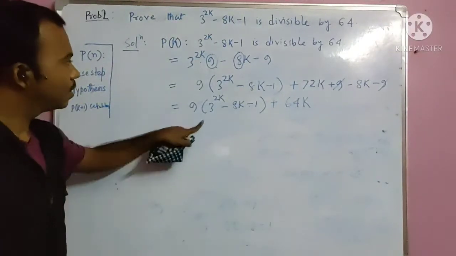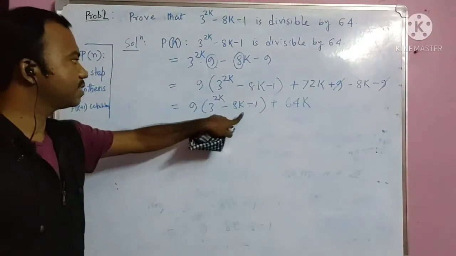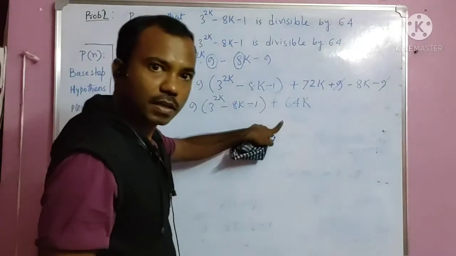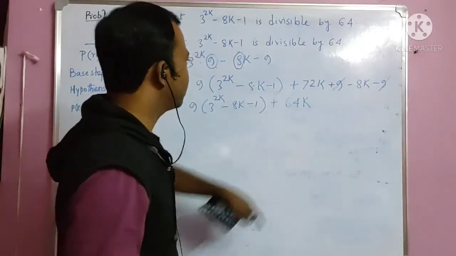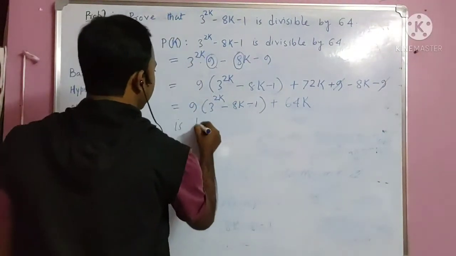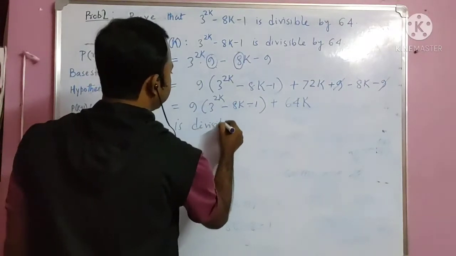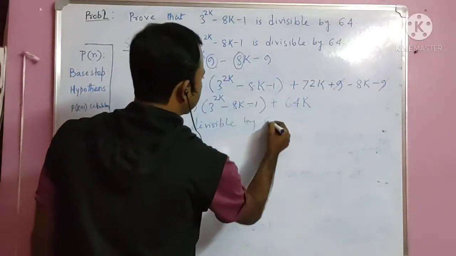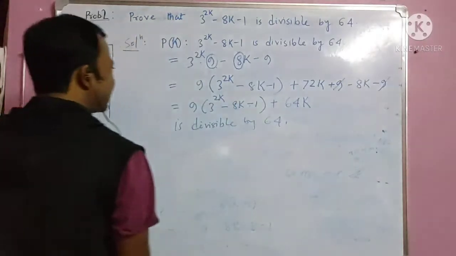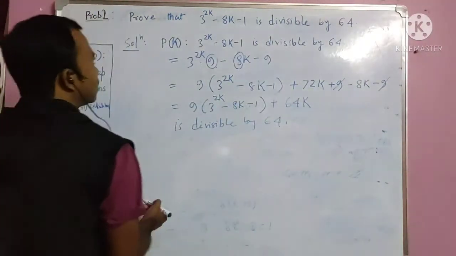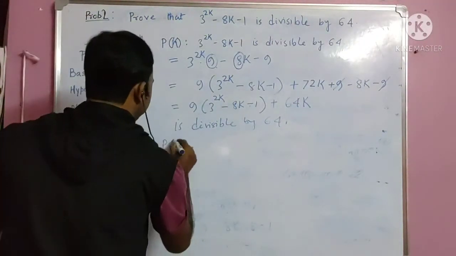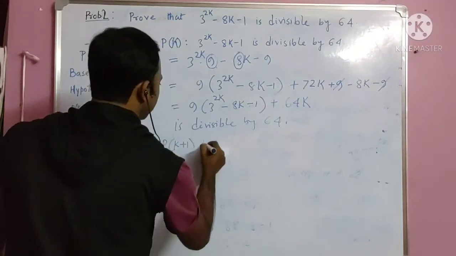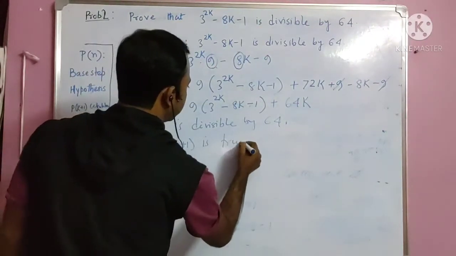It is easy. From the hypothesis, this is divisible by 64, and this is of course divisible by 64. So we can say the whole thing is divisible by 64, which is exactly the statement that Pk plus 1 is true.